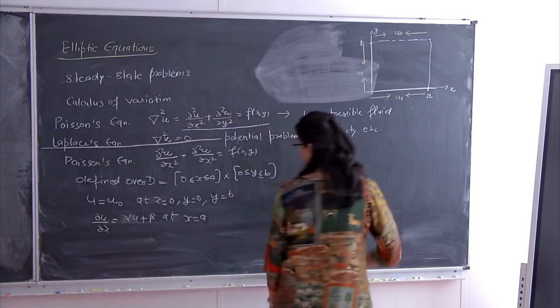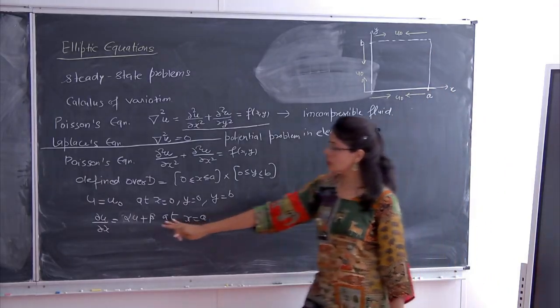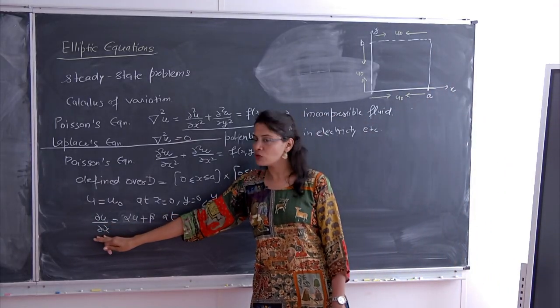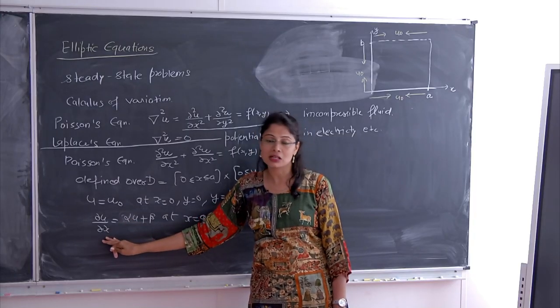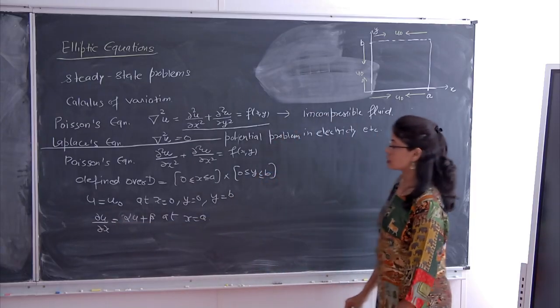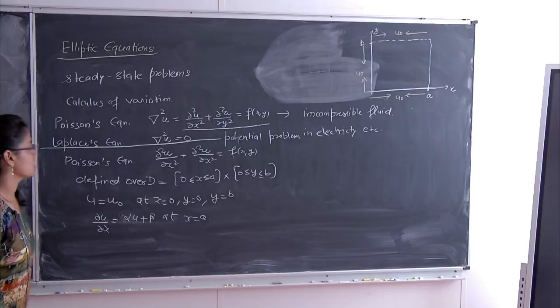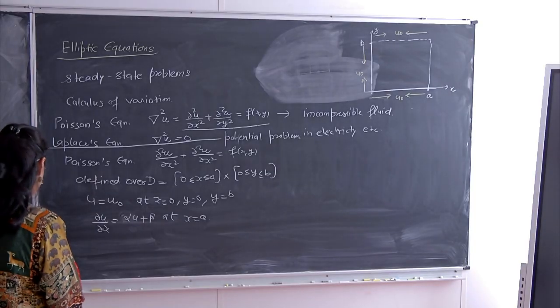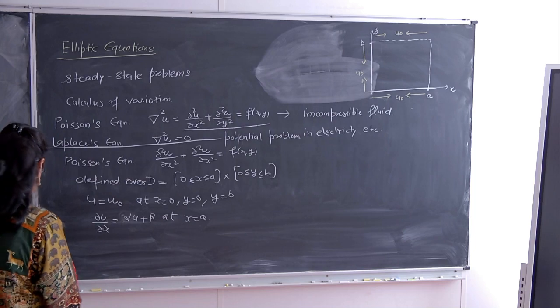So, here we are not given the function value when x is equal to a; instead we are given this condition, which is a combination of u and its derivative, a kind of Neumann condition, and we will see how to solve this kind of condition. Okay. So, this is the problem statement where we are given boundary conditions, and let us see how we are going to solve it further.